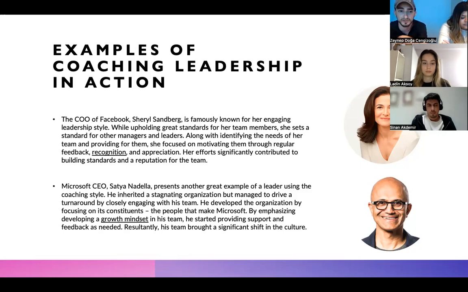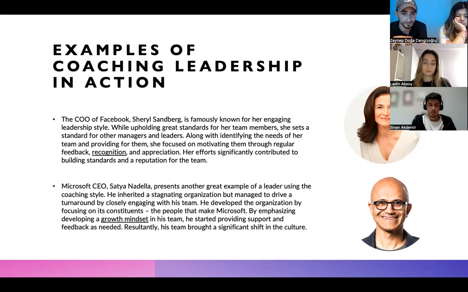Also, the Microsoft CEO, Satya Nadella, presents another great example of coaching style leadership. He inherited a stagnating organization, but managed to drive a turnaround by closely engaging with his team. Closely engaging with the team directly contributes to the coaching style leadership process because it's all about empathizing.